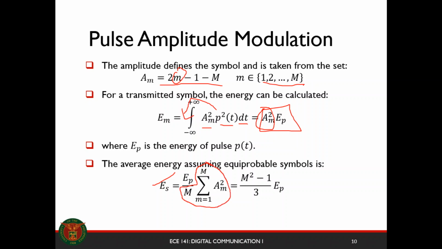We have the amplitude defined as this. Substitute that here and do some math. I won't be showing it to you. Basically, it's equal to this. So the average energy per symbol is (M squared minus 1) all over 3 times the pulse energy.